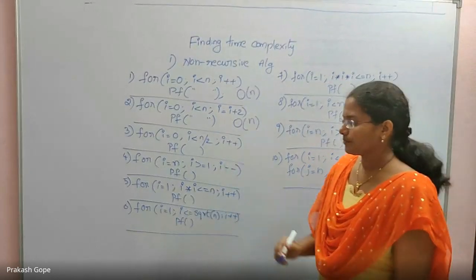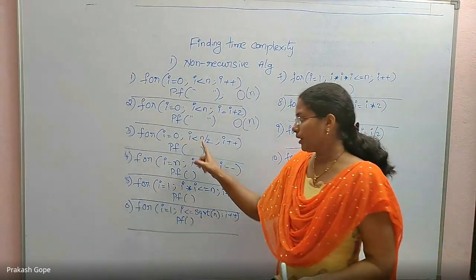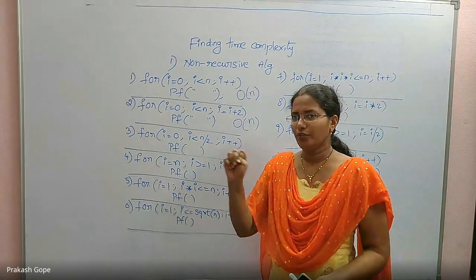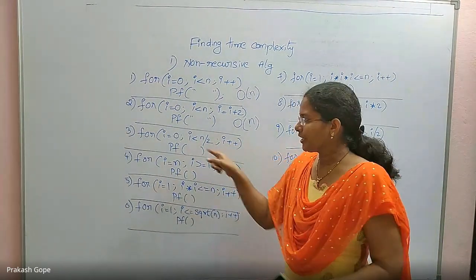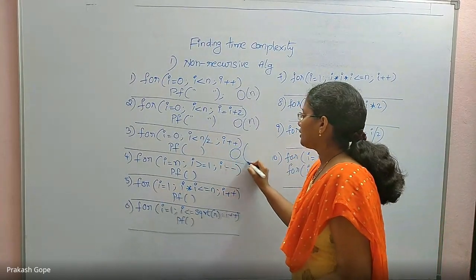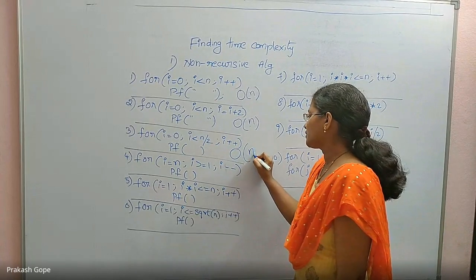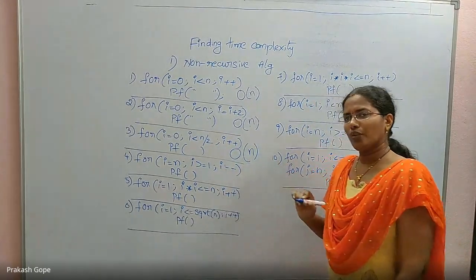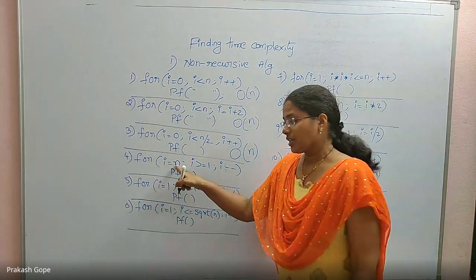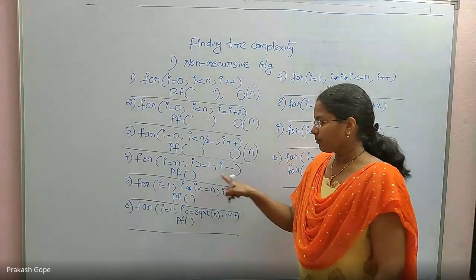Next one. 0 to n by 2 only, I plus plus. So you will go by 0, 1, 2, 3, 4 up to n by 2 only. So how many times? Only n by 2. But are we interested in that by 2 in terms of big O notation? Not interested, so it is big O of n only. Next one. It starts from n, goes till 1 by decrementing.